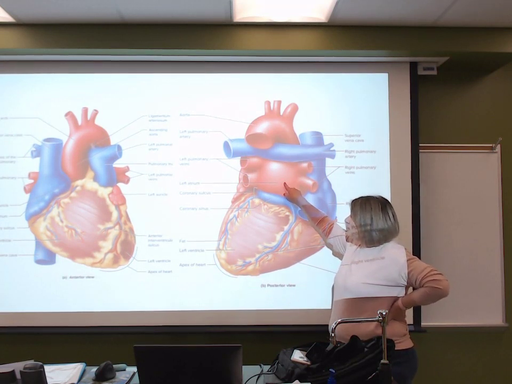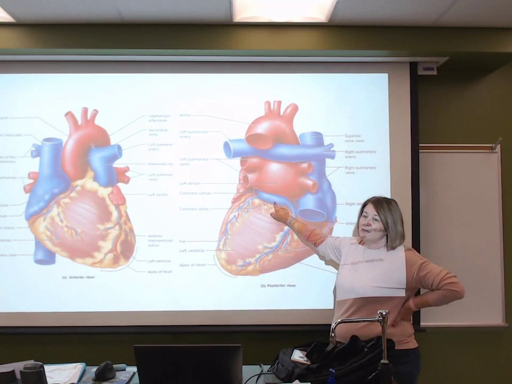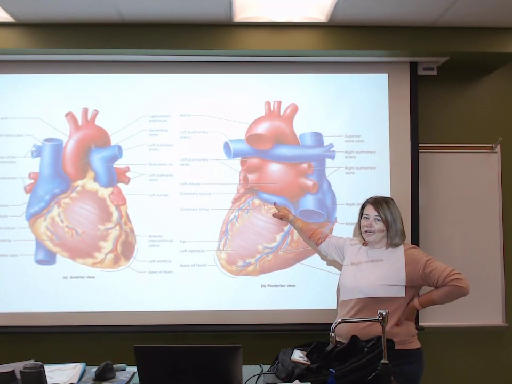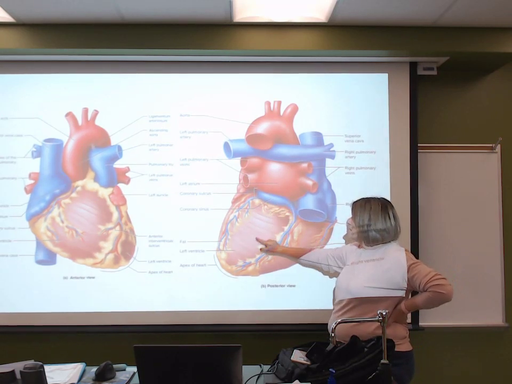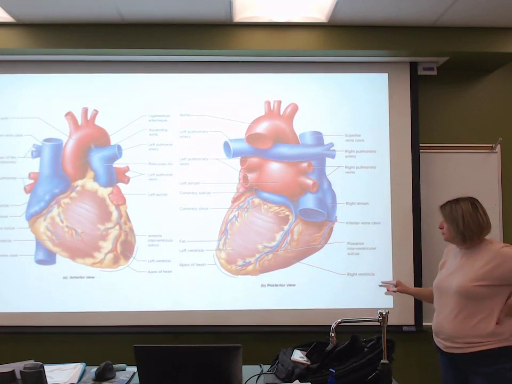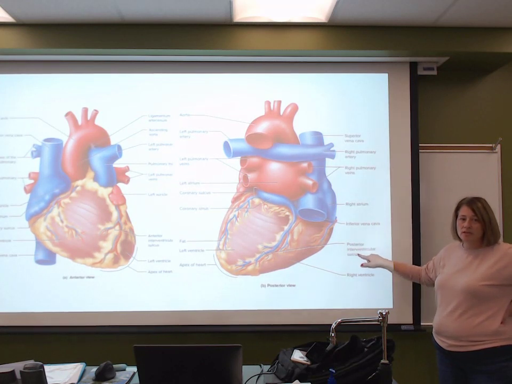Your left atrium, coronary sinus, like a bulge right here in this vein. Your left ventricle, the posterior interventricular sulcus.